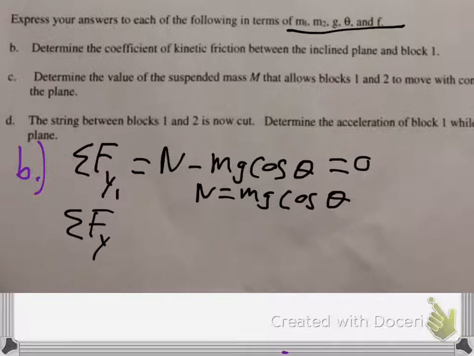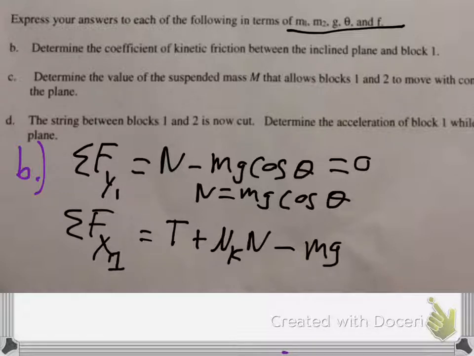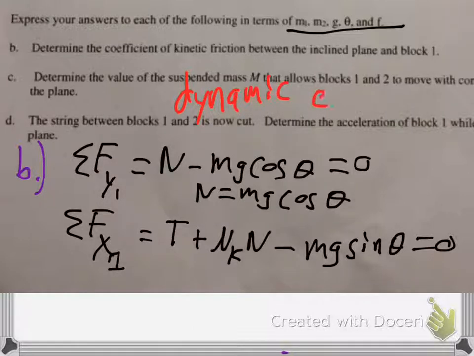And in the x direction, we have tension plus our friction force, which I could rewrite as mu k times N, minus mg sine theta, and it's equal to 0 because we are in dynamic equilibrium, constant speed, dynamic equilibrium.